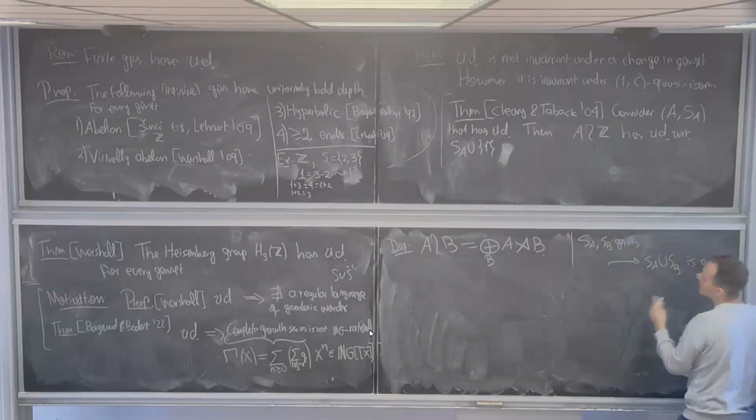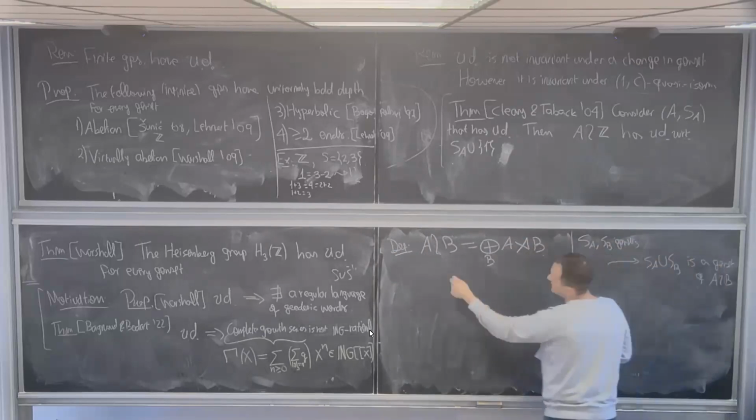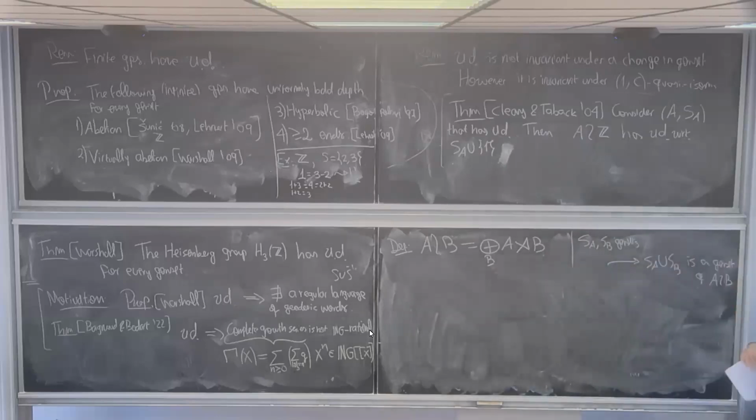Here we are identifying B with the copy of B at the coordinate, and we are identifying A with the copy at the origin, the identity of B. So this is what we call a standard generating set of the wreath product.